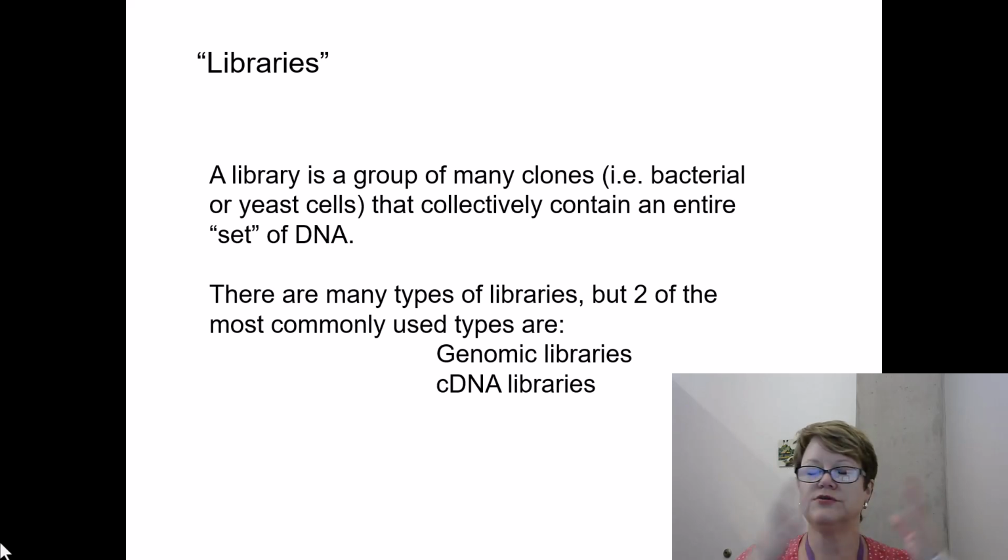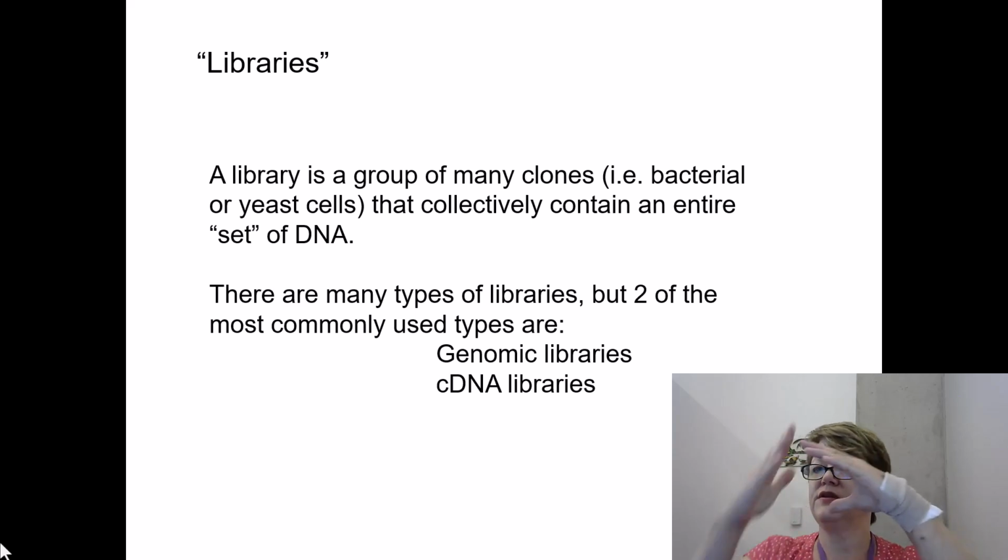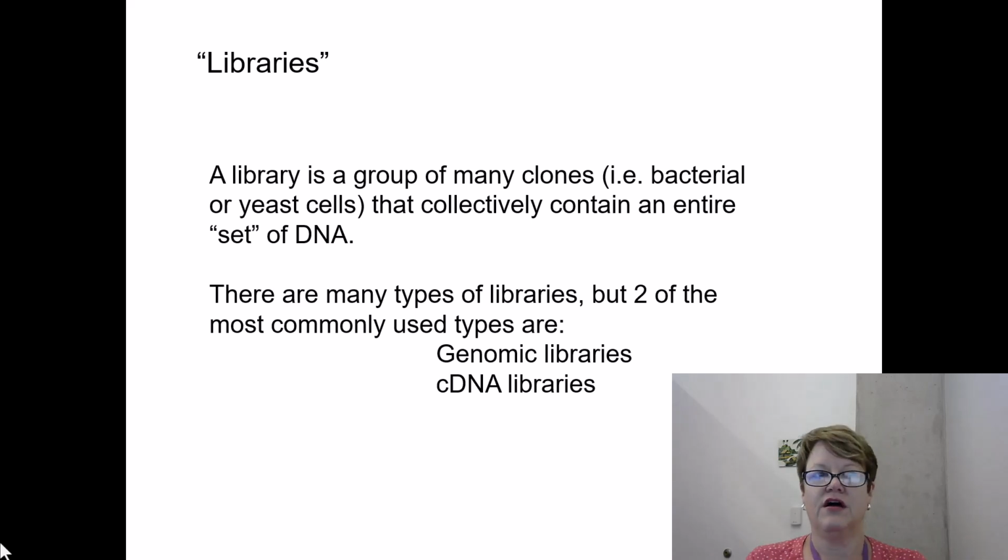Then you introduce them into host cells so that each host cell, bacteria or yeast, is carrying one vector plus one fragment of DNA. Collectively, all of the clones in the collection contain all of the fragments that make up the entire human genome. That's called a library.